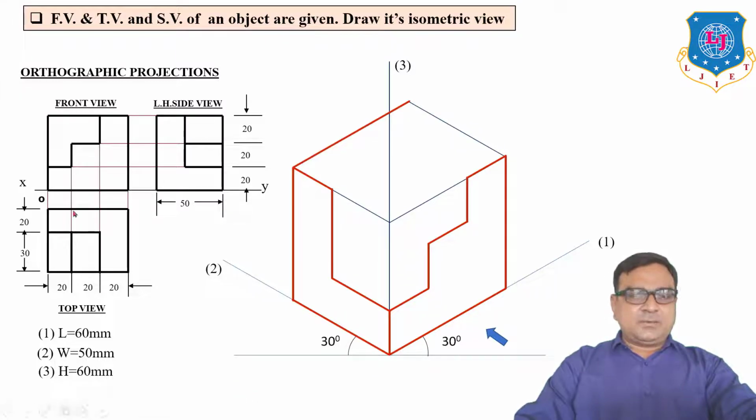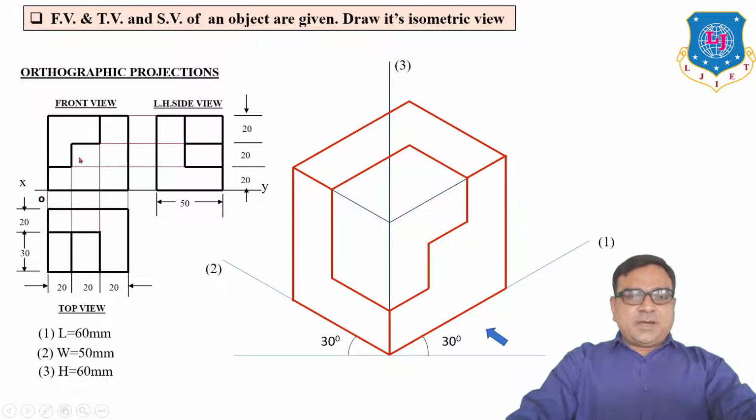Now in the top view, this line is parallel to line number 1, this line is parallel to line number 2, this is parallel to line number 1, and this line is parallel to line number 2.